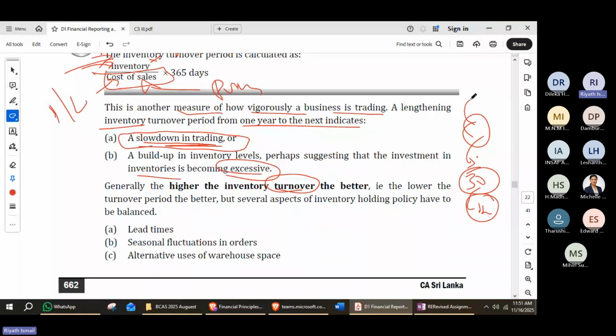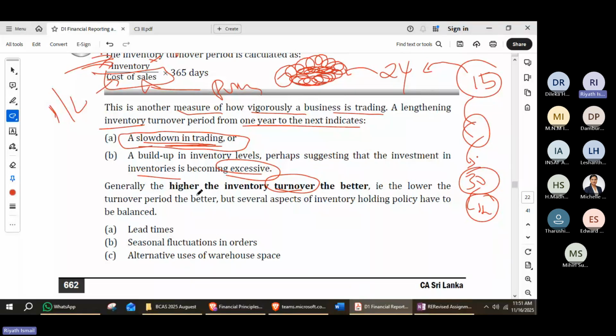If you sell the inventory within 15 days, we can make a turnover 24 times. So when you make it shorter and shorter, we can make many inventory turnovers. Each turnover gives you profit. More turnover, more times you are changing inventory, and you can make more profit.